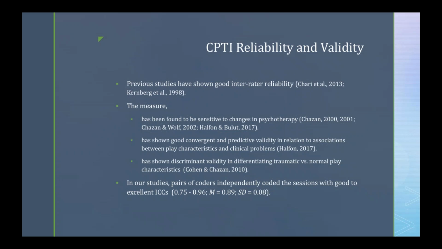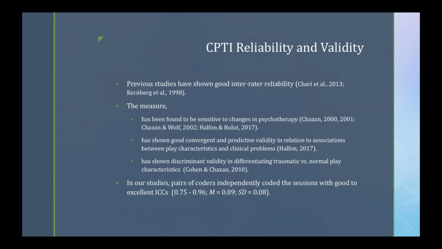Two coders independently code the sessions, and we look for at least an intraclass correlation of 0.7 or above between the two coders, and usually we get good to excellent intraclass correlations that range from 0.75 to 0.96. These are all, by the way, trained coders. They got 3 days of training with me and then did a reliability set, and after they become reliable, they're able to code the actual sessions.